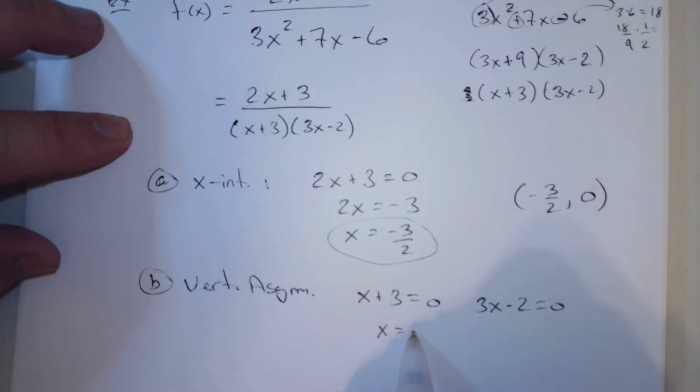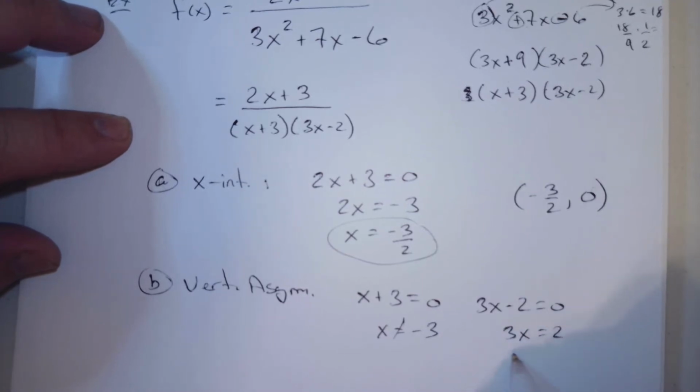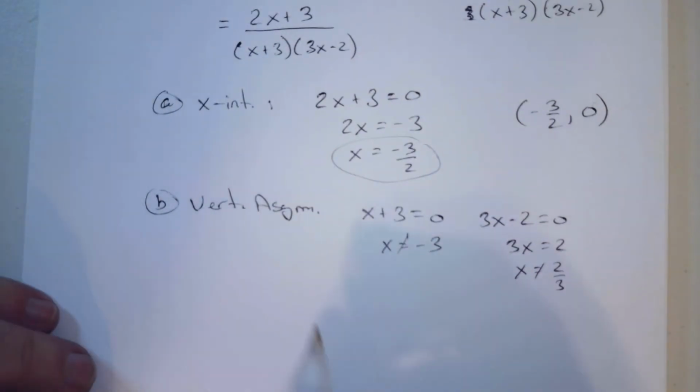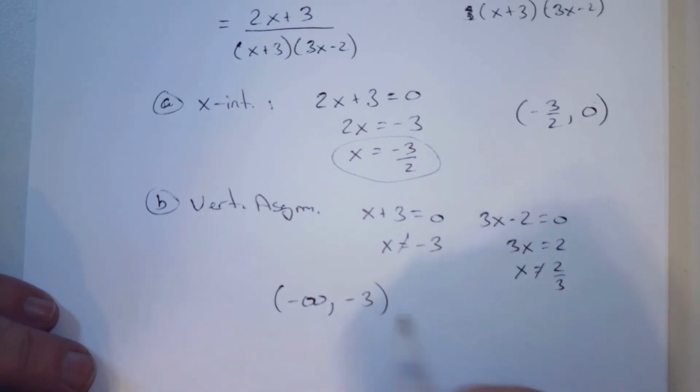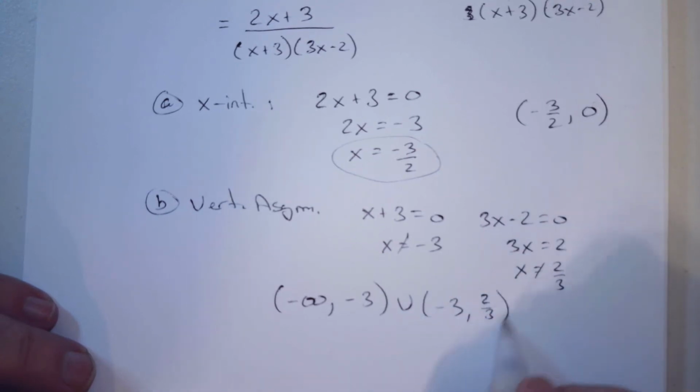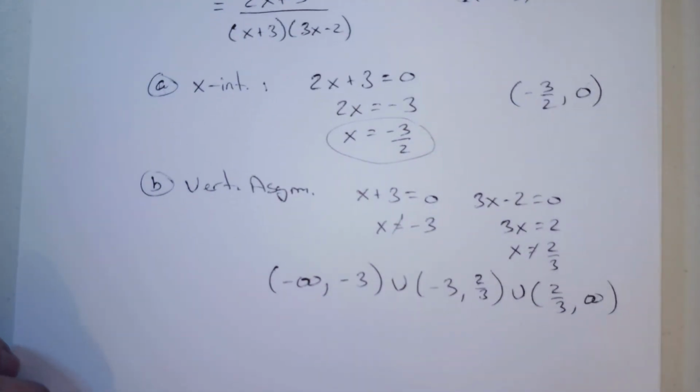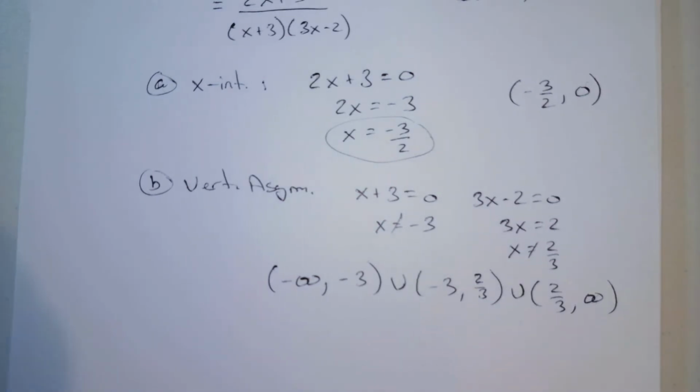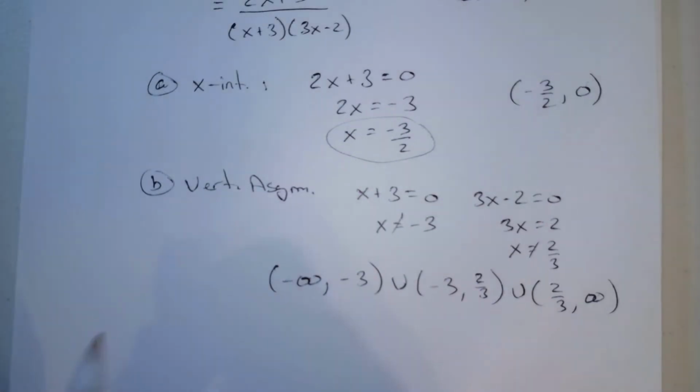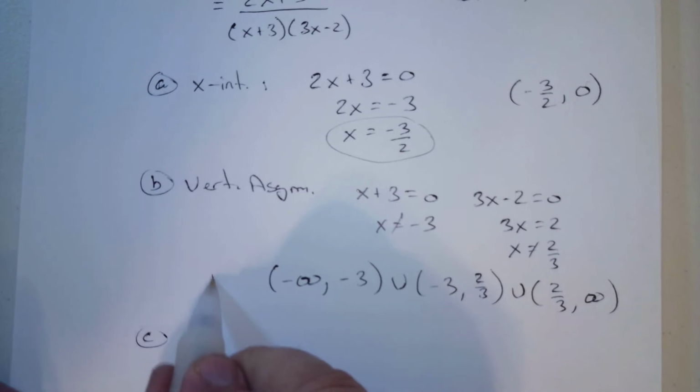So we have x equals negative 3, and 3x equals 2, x equals 2 over 3. So those are my asymptotes. So my domain is between here. So that's our domain.